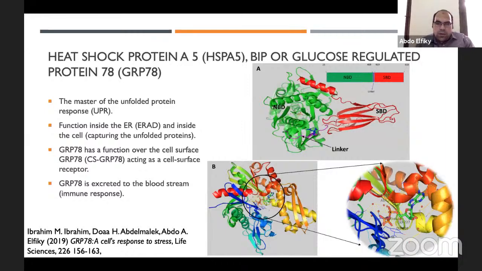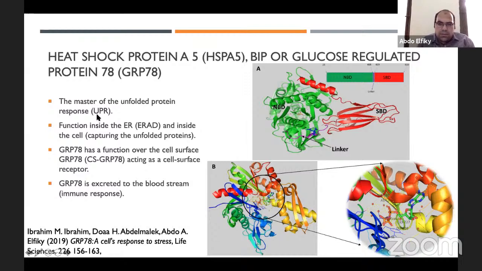I worked on a host cell receptor called glucose regulated protein, or GRP78. GRP78 is a chaperone protein found in every cell in the human host. Its function is as the master of the unfolded protein response, which is affected by stress.